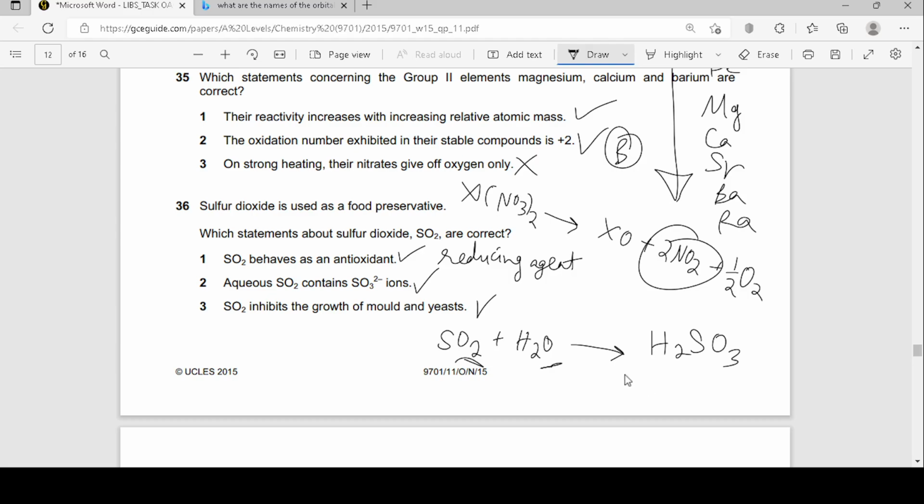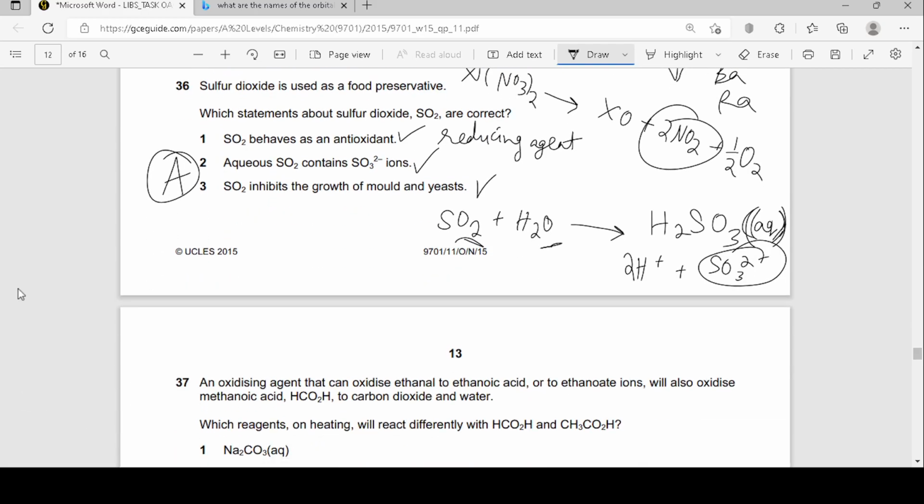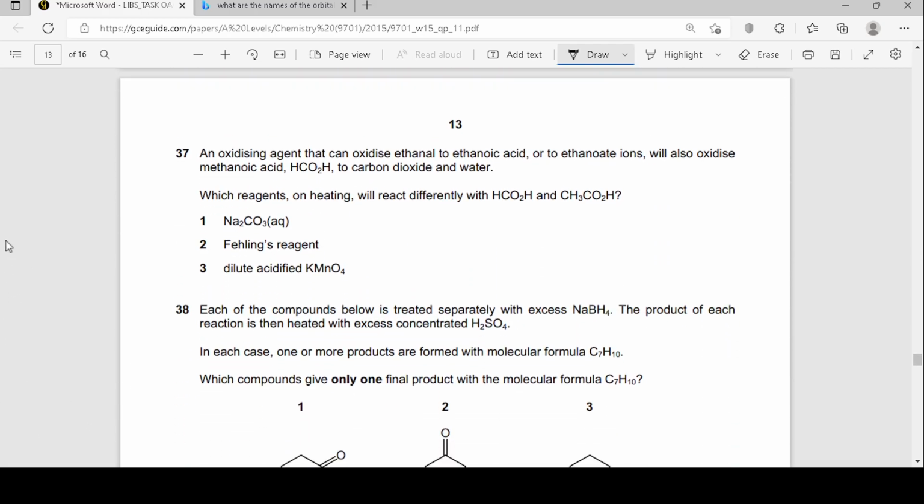You can write it as 2H+ plus SO3 2-, right? You can rewrite it like that, because it's H2SO3 if you consider that acids dissociate. So that does contain SO3 2-, because H2SO3 is the same as 2H+ and SO3 2-. So that is right as well, so my answer is A. Okay, next question now.